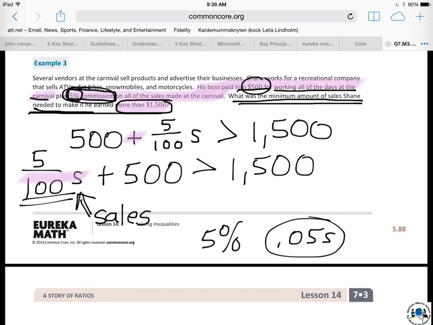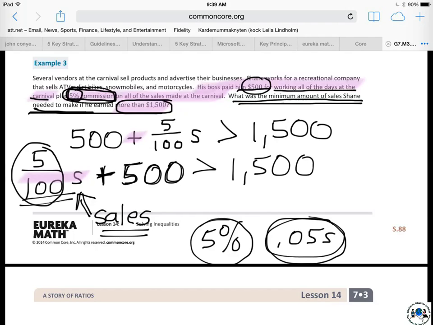This is the amount of sales he needs to make, because for all of his sales, you multiply by 5 over 100, or 0.05, or 5%, to get the amount of what we call his commission, plus the other $500 that he gets paid just for working there. That's up here. All of that needs to be greater than $1,500, because right here it says more than $1,500.